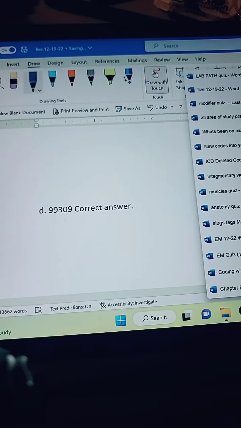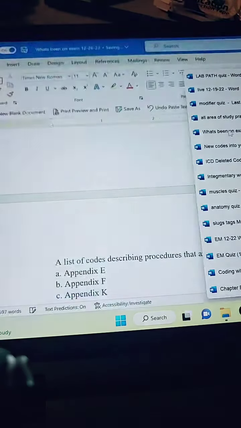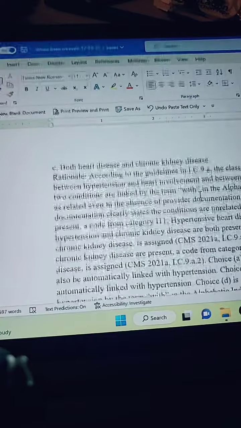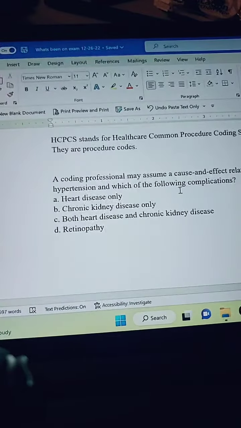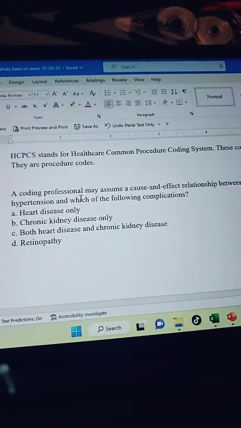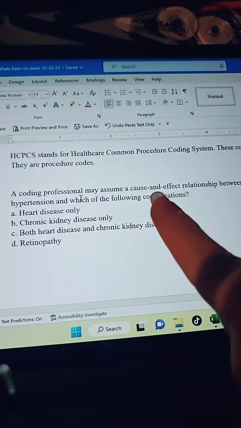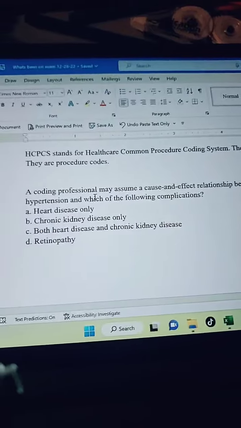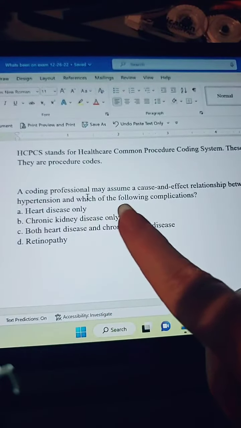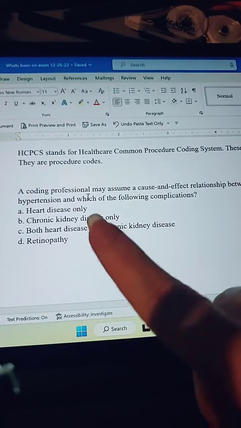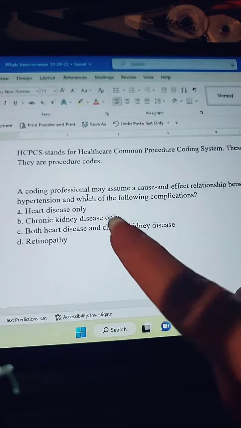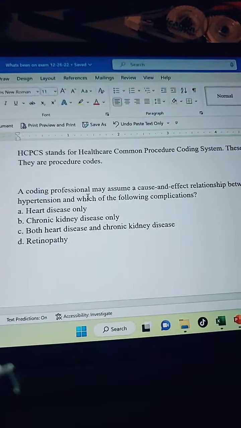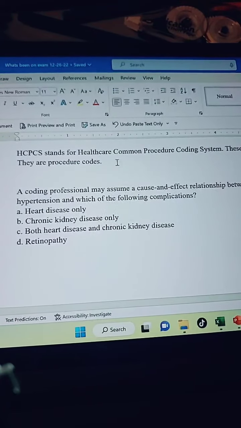MK, let me see, was this question on your exam? This one right here. Coding the causal and effect relationship between hypertension and which one of the following conditions? Was this one on your exam? I was curious, because I've been looking for one like this. Cause and effect.